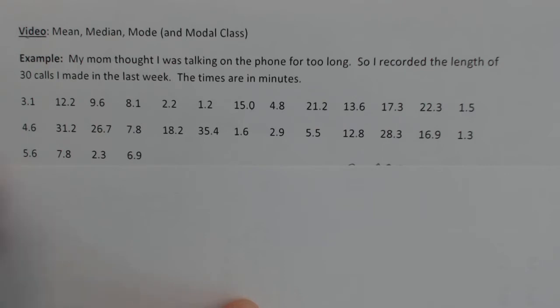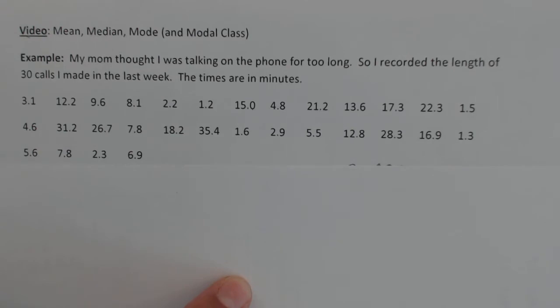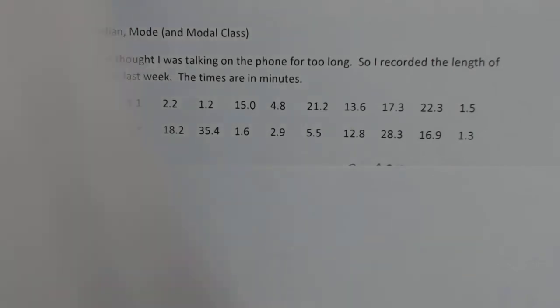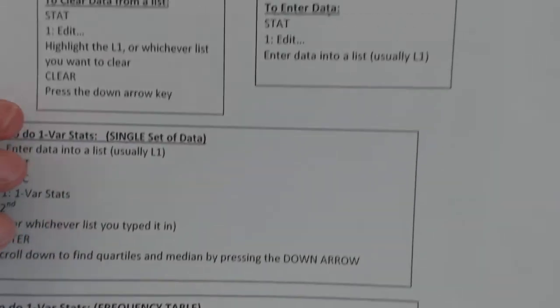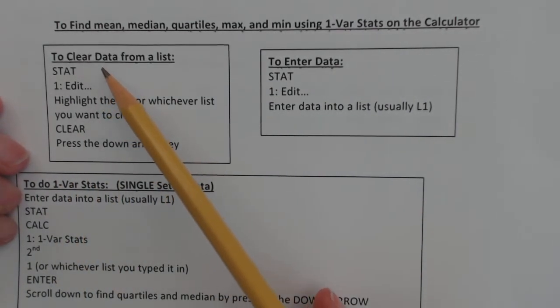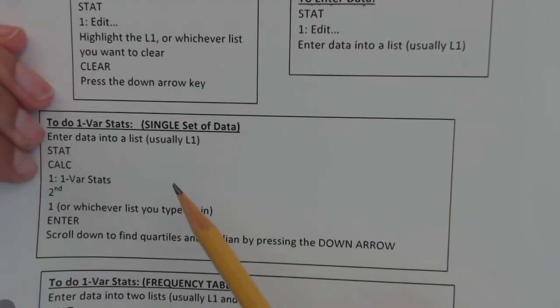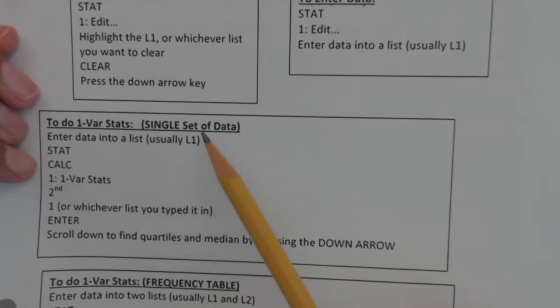So the first way that we're going to be using the calculator is on a single set of data. And this is what a single set of data looks like. It's just the raw data. So take out that calculator sheet, and I want to go through it quickly with you. The first box is how to clear data. The second one is how to enter it. And then this third one down here is how to do one variable statistics, and please note, single set of data.